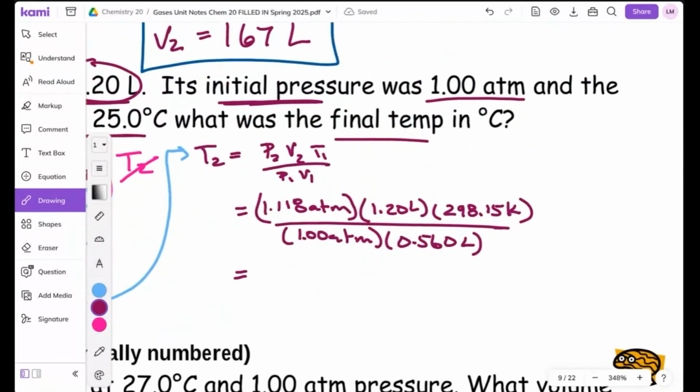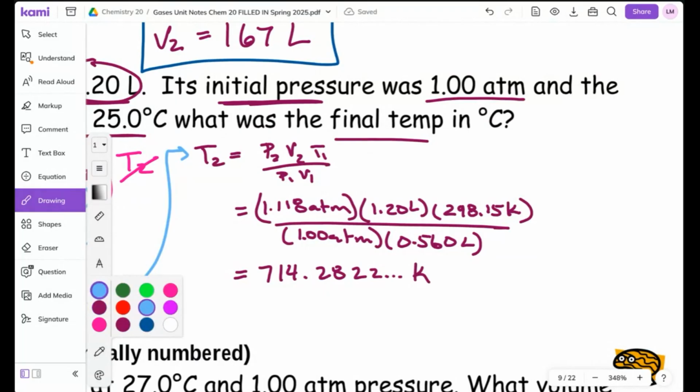Okay, so if I multiply everything in the numerator and then multiply everything in the denominator and then divide those two numbers, what I'm going to get is 714.2822, number keeps on going on, Kelvin.